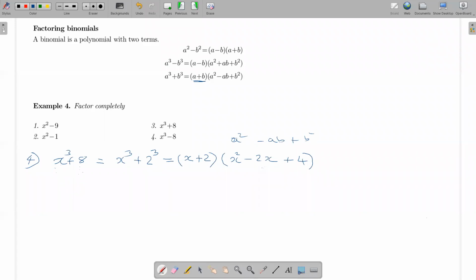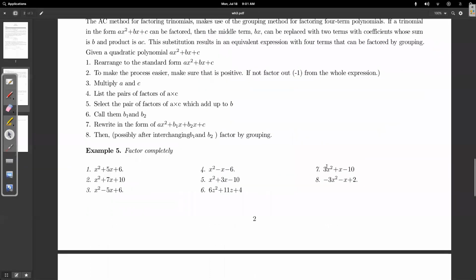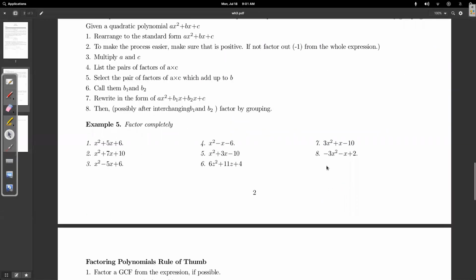Okay, any questions? Okay, good. I think you know this factoring method completely.